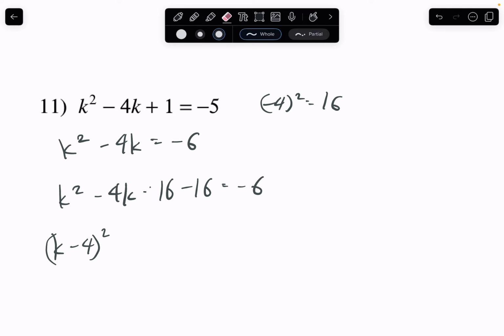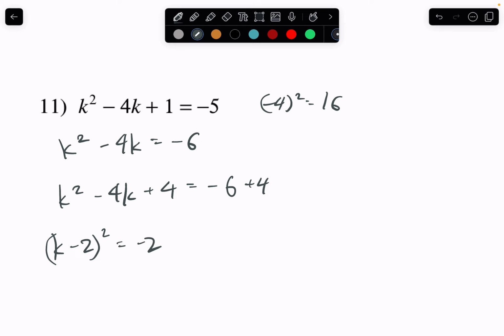How about +2 this time? No, +4. That should work.